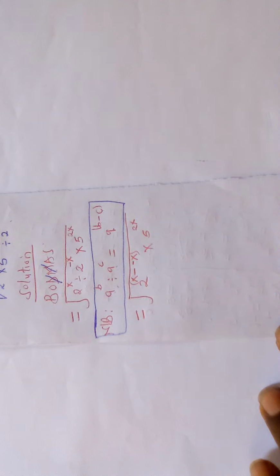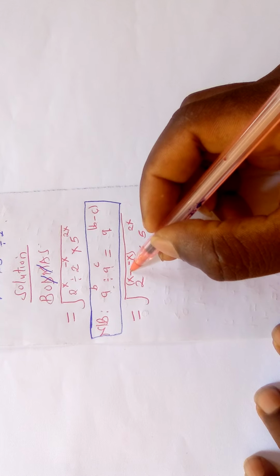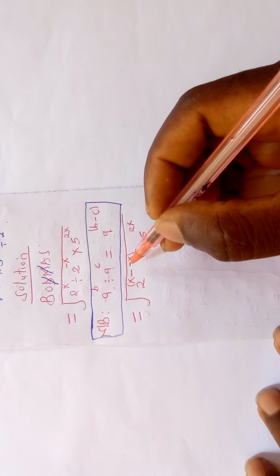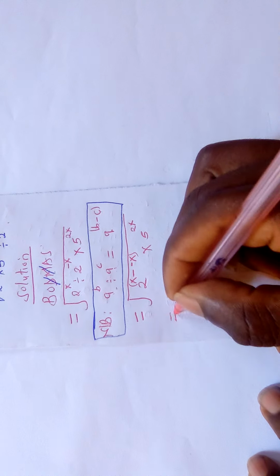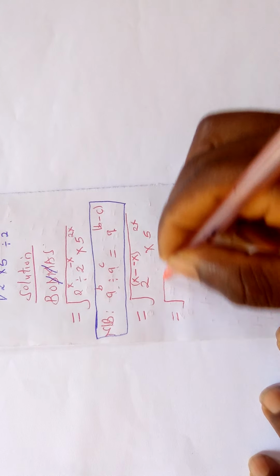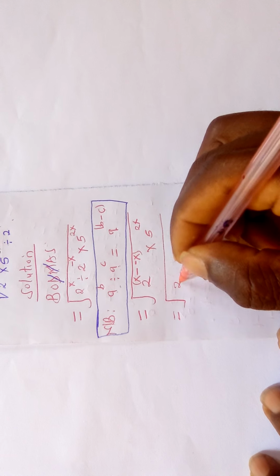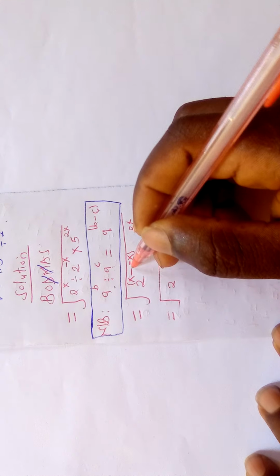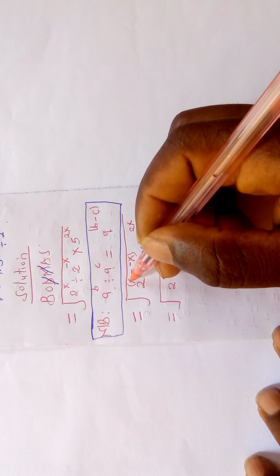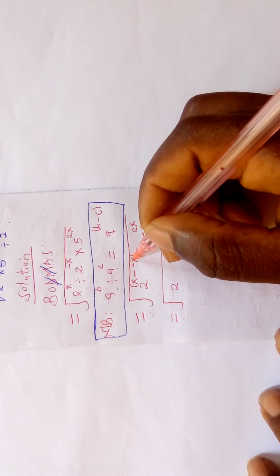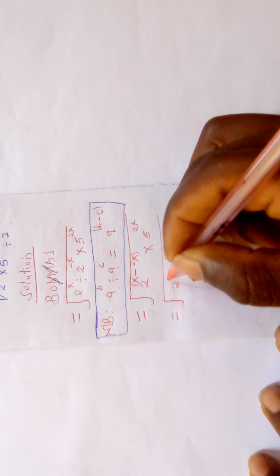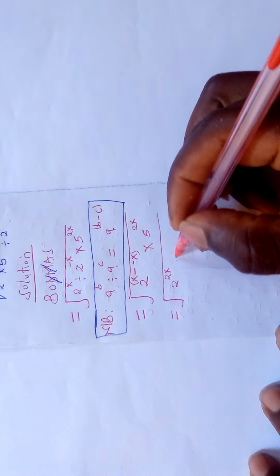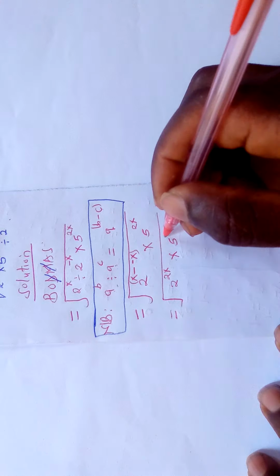Now if you look at this, I have a negative by a negative, which is obviously a positive. So I'll have a big bracket there, then 2. Since negative by negative is a positive, you'll have x plus x, and x plus x is 2x. Then I have times 5 raised to 2x.